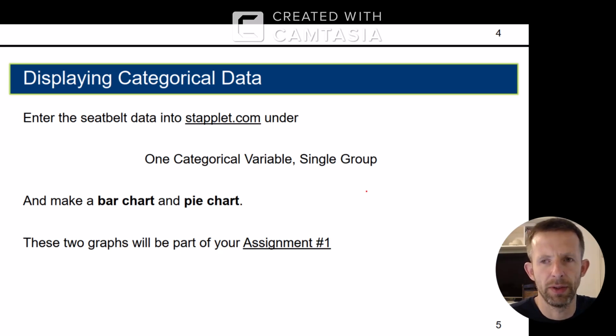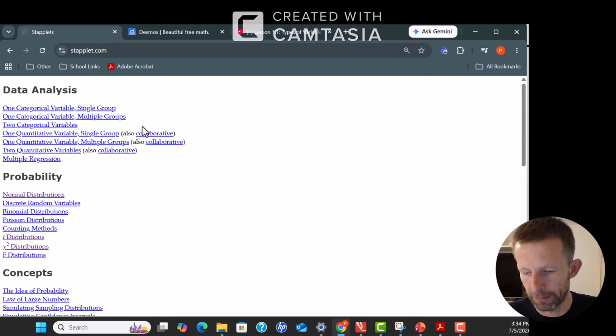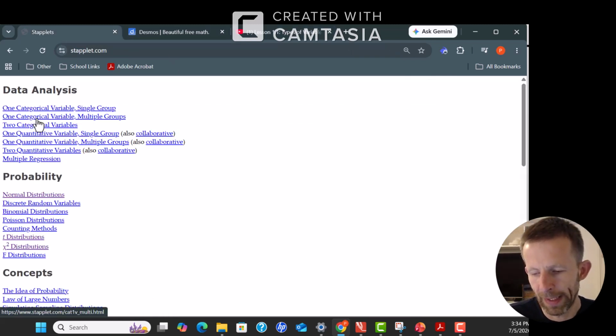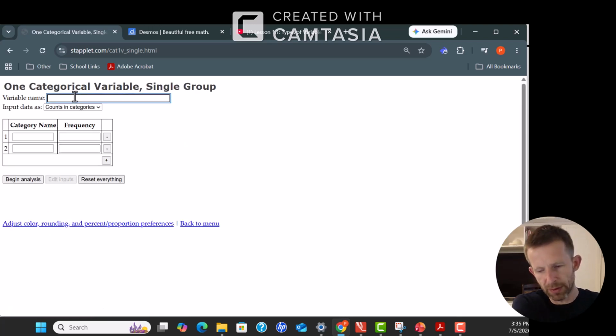You'll have access to it during tests, so you want to be familiar with how to work with it. So we're going to call this seatbelt usage.